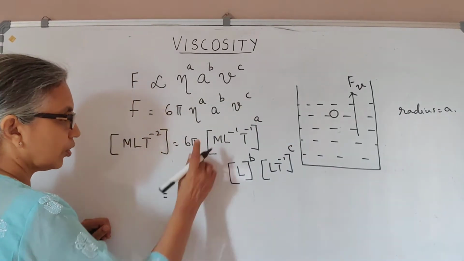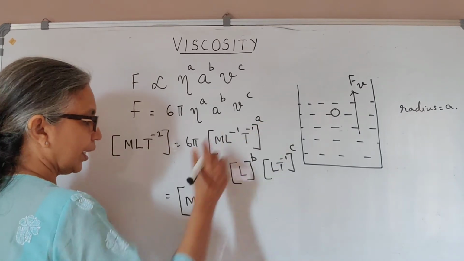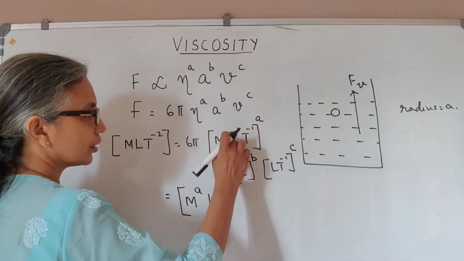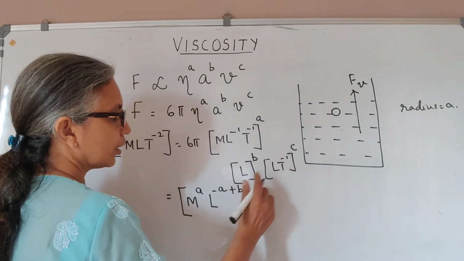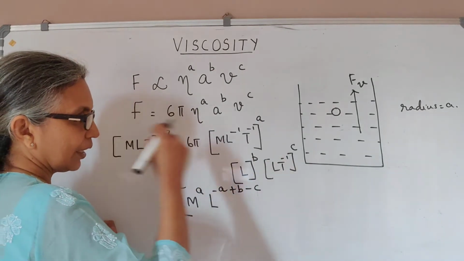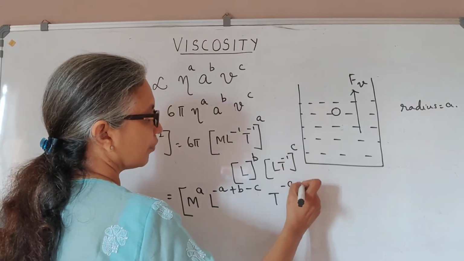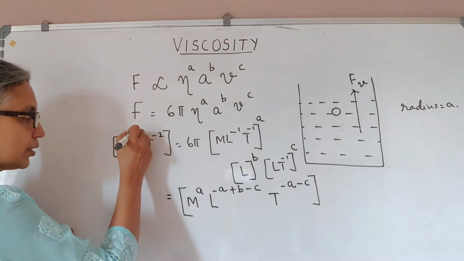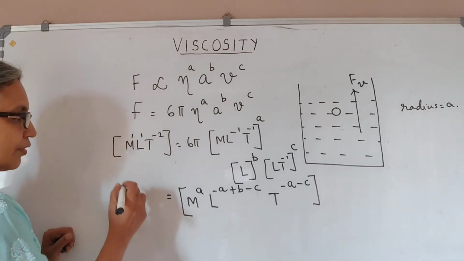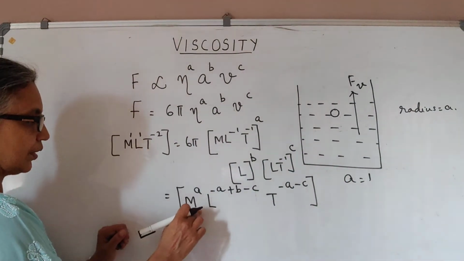So if I combine all, M is raised to a, L is, here we have a minus a, here we have a plus b, and here we have a minus c. And then we have T raised to minus a, and here we have a minus c. Now if you equate the powers, we have our equations where a is equal to 1 when I compare these two.